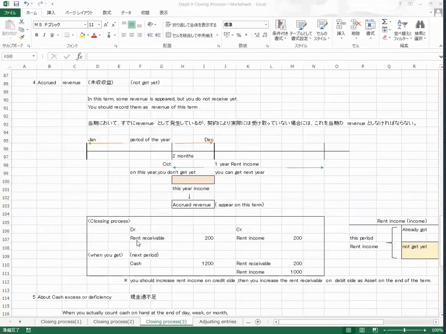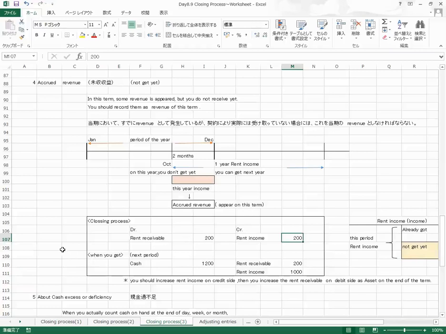You should make the income appear ですね。ここ。Rent income 200 and rent receivable 200.